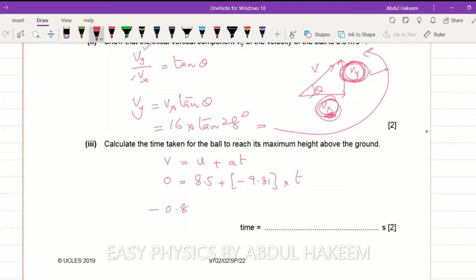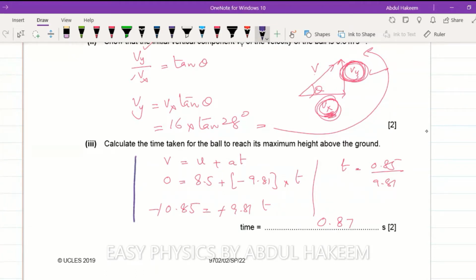So 0 equals 8.5 minus 9.81 into t, so t is equal to 8.5 divided by 9.81. And after the calculation, your answer will be 0.866, meaning 0.87 in significant figures. And there is another method.